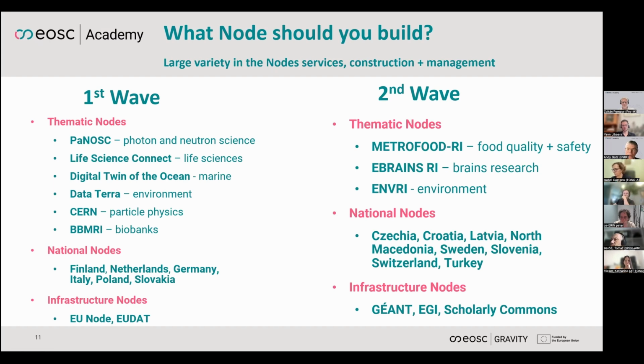We got 3 more thematic nodes and a large number of national nodes, and also some more infrastructure nodes. So today, these are the nodes that are officially agreed by the tripartite as the ones who will be the first wave, or now we can say the first group of nodes that are going to be identified as the EOSC Federation.